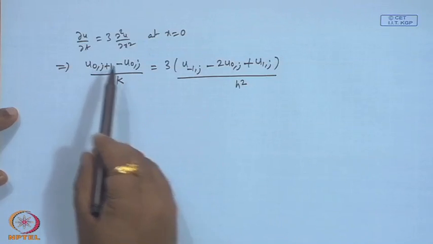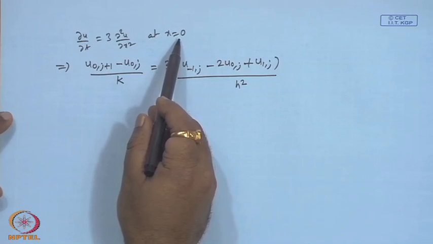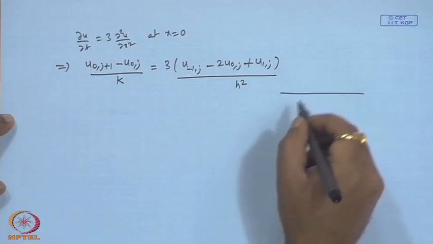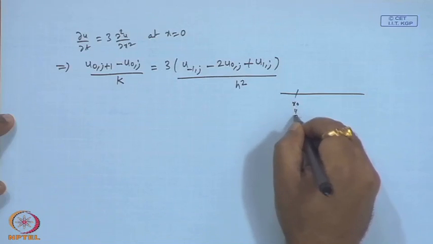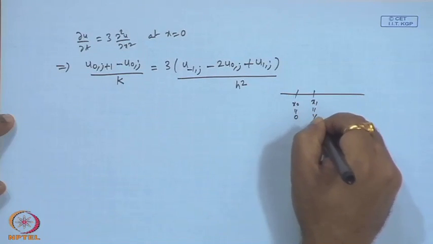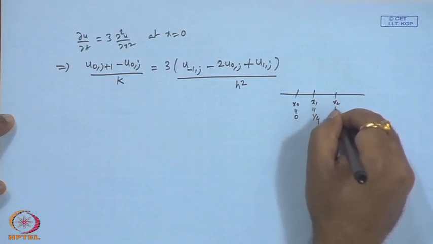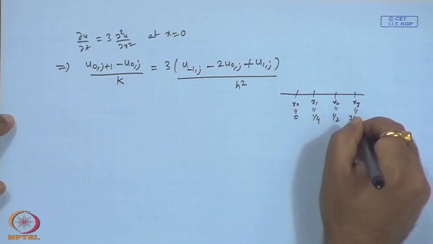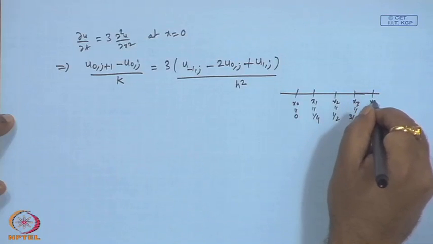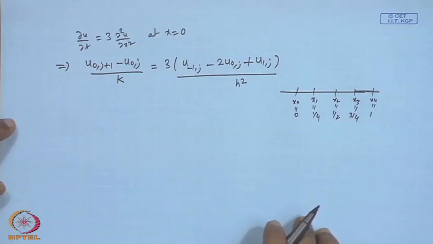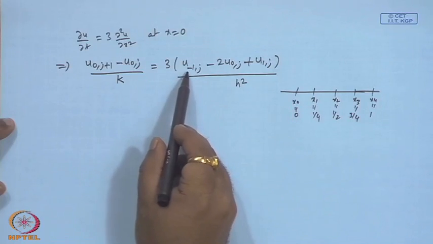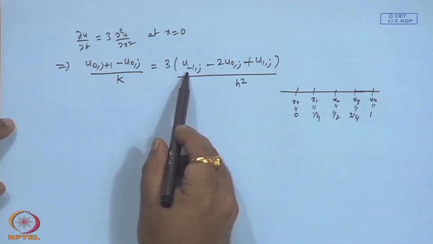So, at x equal to 0, because of x equals to 0 discretization, we got this fictitious value. Okay. So, this is similar to, right. So, since we had to discretize the equation at x equal to 0, we got a fictitious value, right.